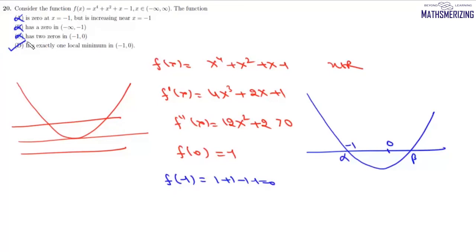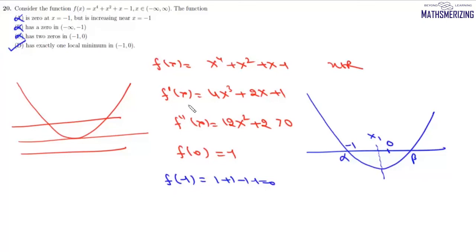Now we have to show that this function has exactly one local minimum in (-1, 0). So we have to prove that this point of local minima, say x1, lies between -1 and 0.